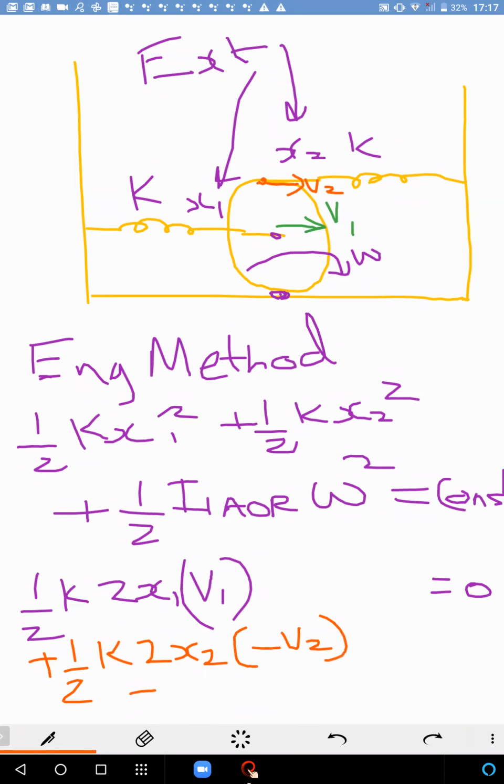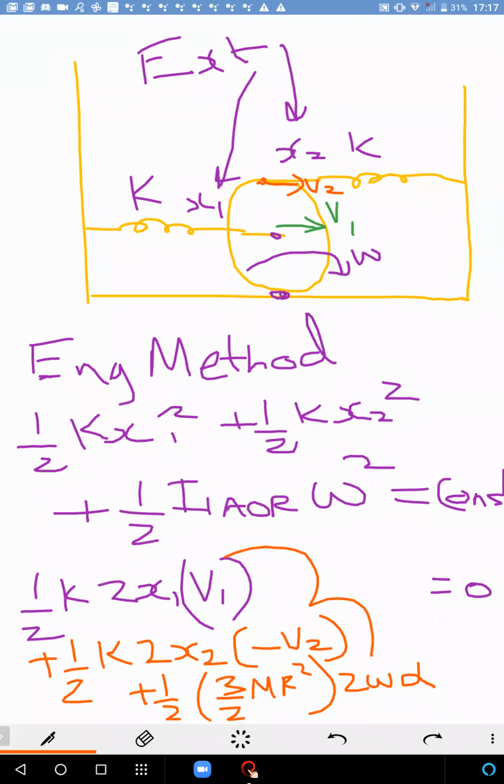और फिर हाफ I about IOR which is 3 by 2 mr square, ओमेगा स्क्वायर का डेरिवेटिव हो जाएगा 2 ओमेगा एंड देन अल्फा. अल्फा क्लॉकवाइज सेंस. ठीक है, अब इसमें these terms would ideally cancel. ओमेगा v1 v2 के बीच में कुछ तो रिश्ता है. तो क्या रिश्ता है?